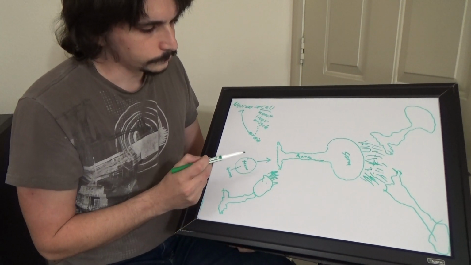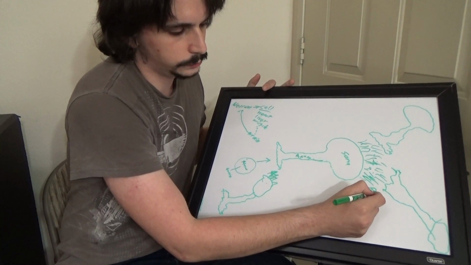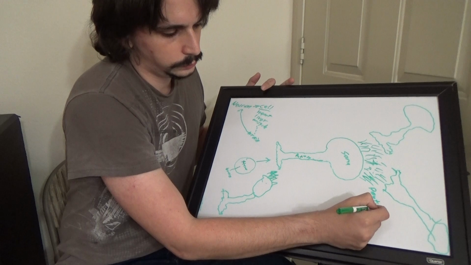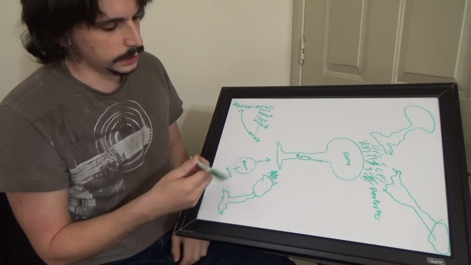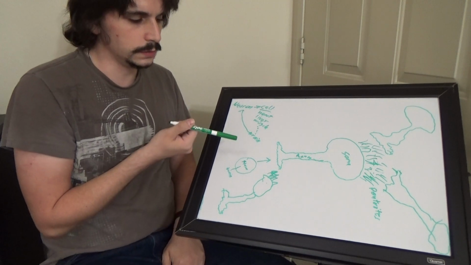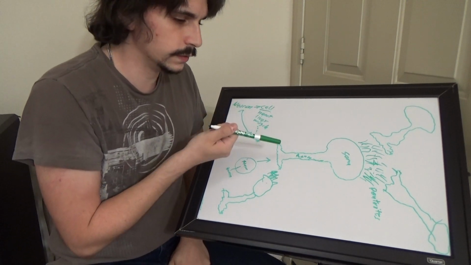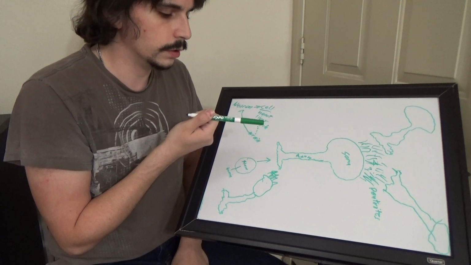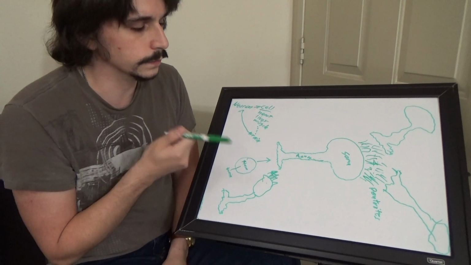So you have dendrites, the soma, and the axon, and the dendrites connect to the axons of another neuron, or the axon can connect directly to the soma of another neuron.